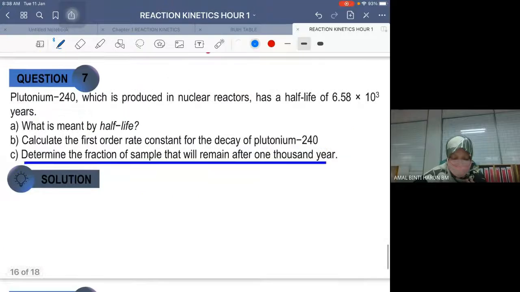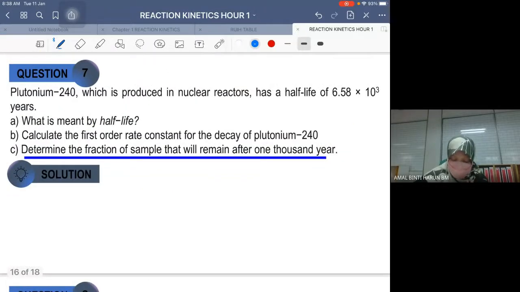Okay, next. Determine the fraction of the sample that will remain after 1000 year. So kita nak cari concentration selepas 1000 tahun. So initial concentration, boleh tak cari initial concentration?